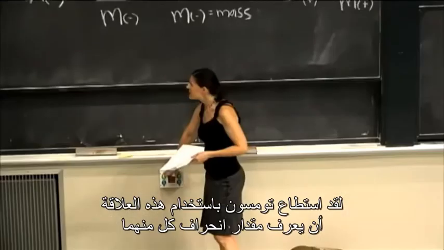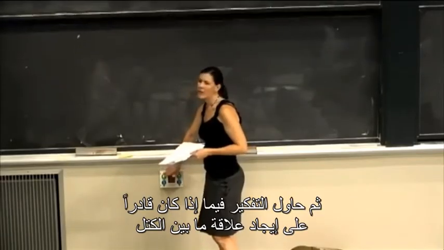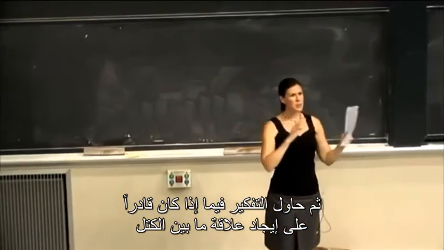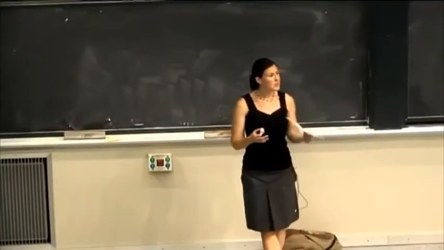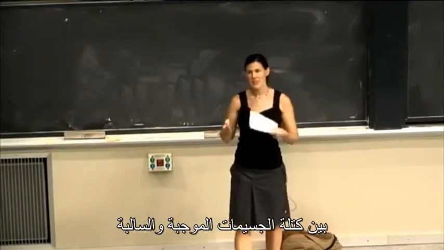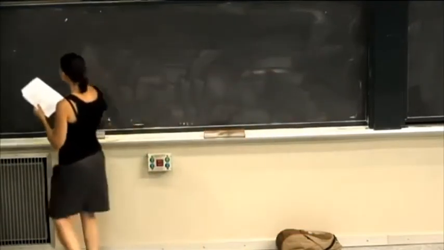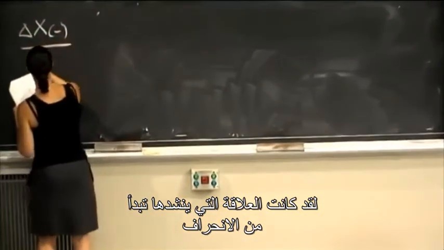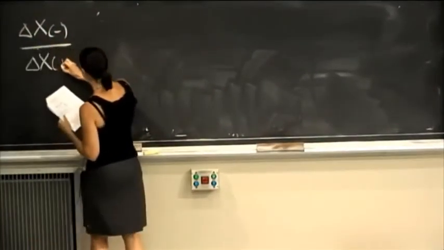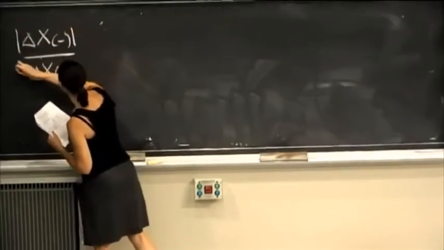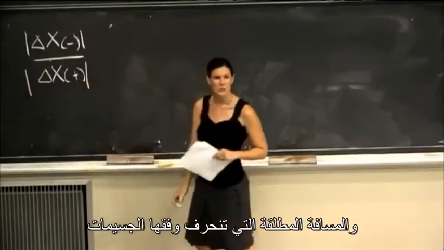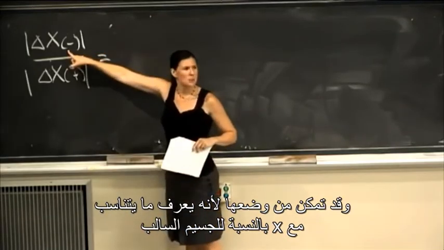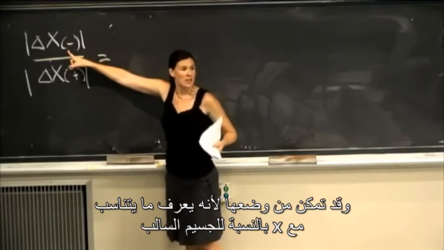So using this relationship, he could then actually figure out, by knowing how much each of them were deflected, whether or not he could make some relationship between the masses, between the mass of the positive and the negative particle. So this relationship he was looking at was starting with the deflection and the absolute distance that the particles were deflected. So what he could set that equal to is he knows what x is proportional to in terms of the negative particle.